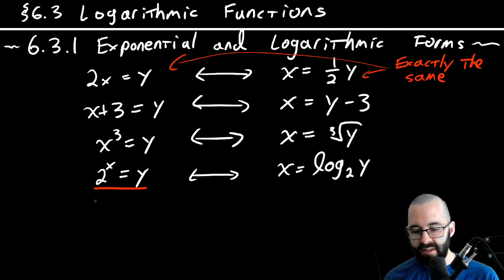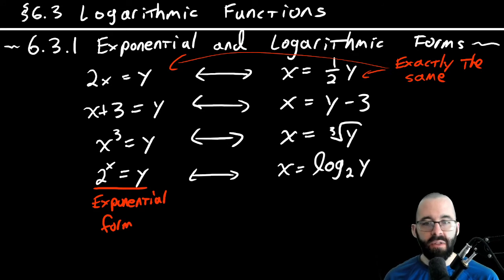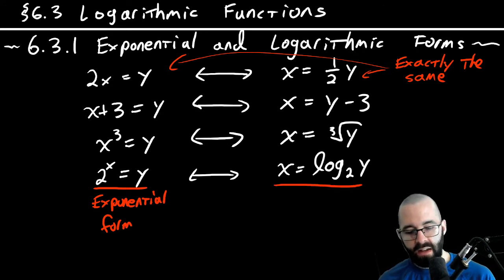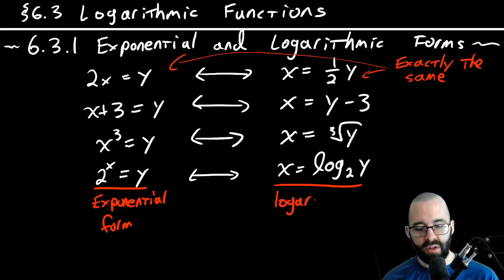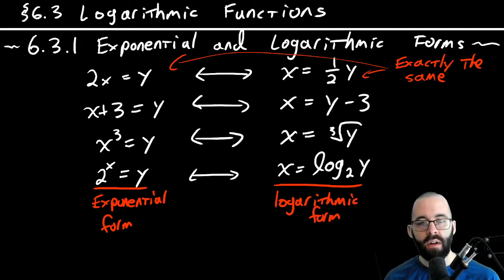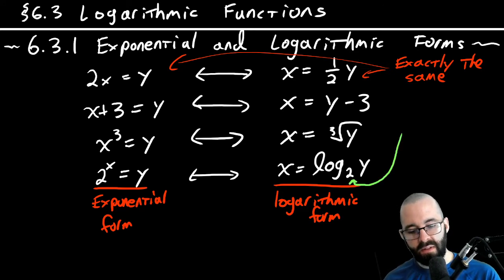So there's a little bit of vocab to talk about here. This first thing over here is called exponential form. And it means literally the same thing as this thing over here, which is known as logarithmic form. This 2 is a subscript. This is called the base.